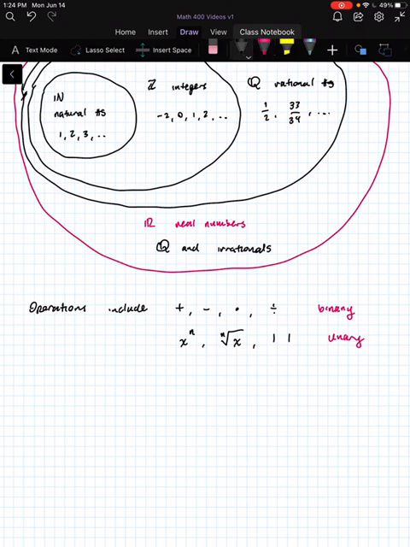Lastly, before we move on, we should talk about interval notation, because it'll be easier to talk about certain sets in the real number line. So on the real number line, we may be interested in talking about just one short segment. So for instance, here's 1/3.